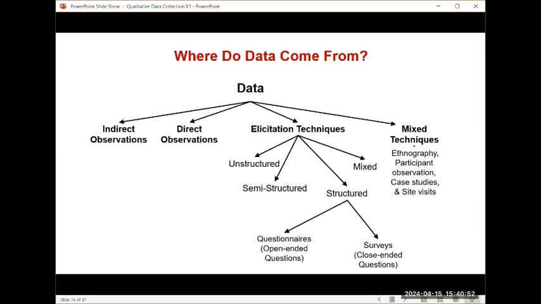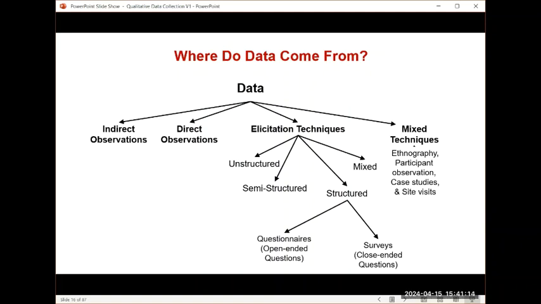We have some indirect, a little direct observation, some elicitation, and we might call it ethnography. We might call it participant observation. We might call it case studies or site visits. Those are all basically you're showing up, you're getting to talk to folks, you get to see a bunch of stuff, you get to collect stuff, right?